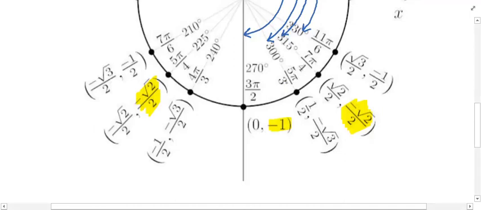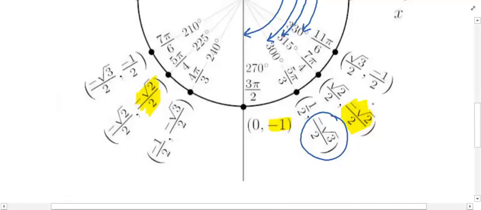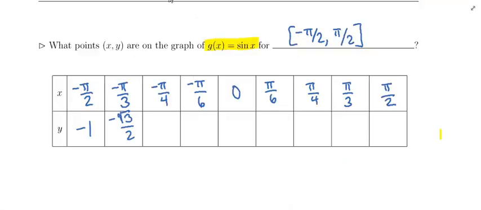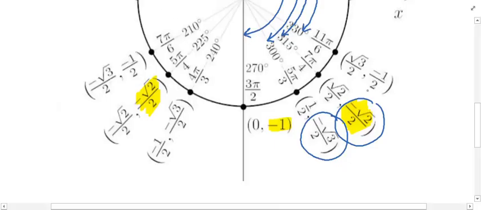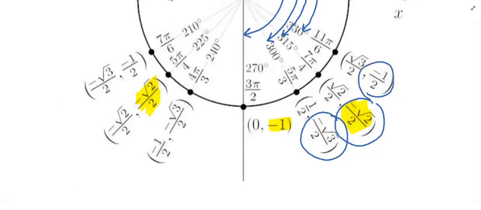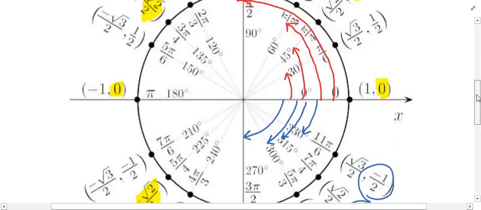For negative pi over 3, it's going to be negative square root of 3 over 2. For negative pi over 4, it's negative square root of 2 over 2. For negative pi over 6, it's negative 1/2. And then the sine of 0 is 0.